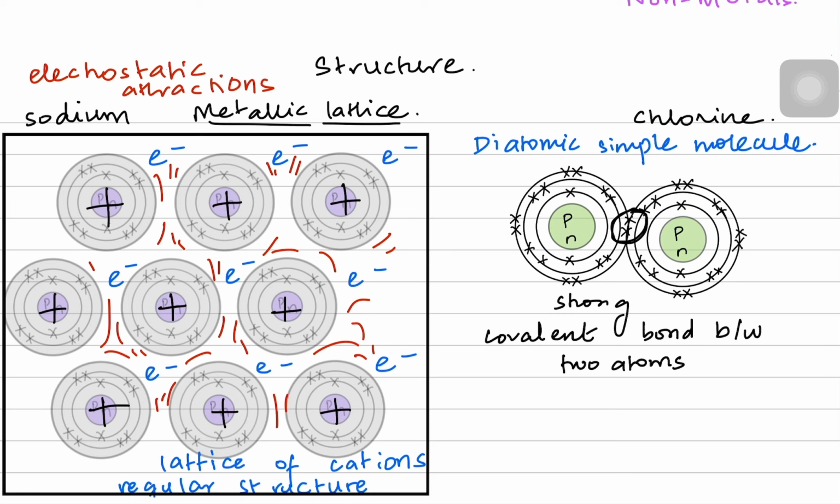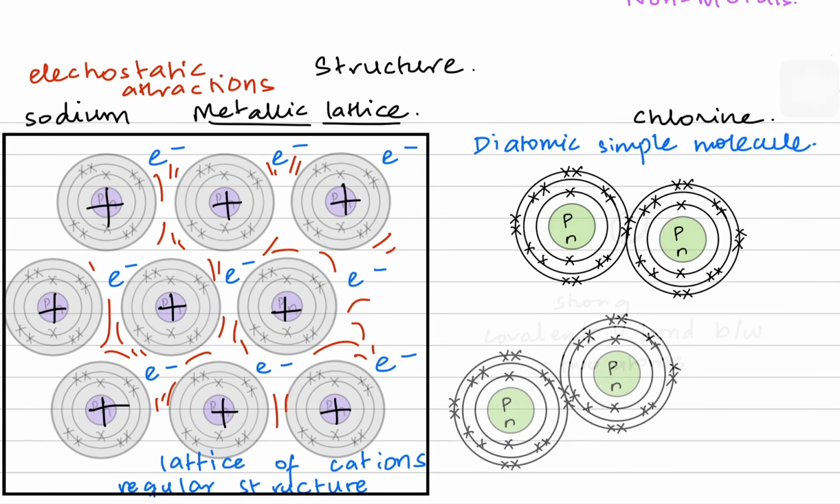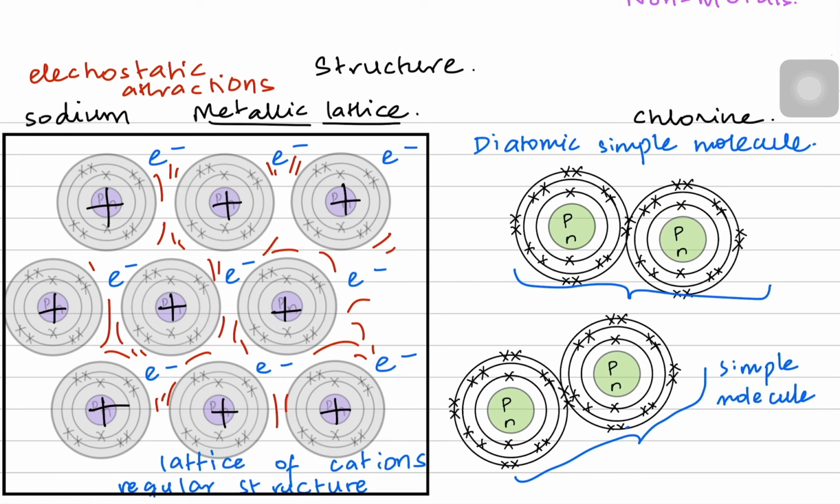It is a covalent bond between 2 atoms, and it makes one molecule. Similarly, 2 other atoms will make another molecule, and other atoms will make another molecule. Each pair is called a simple covalent molecule. They don't exist as a whole group of molecules, they rather have individual molecules.